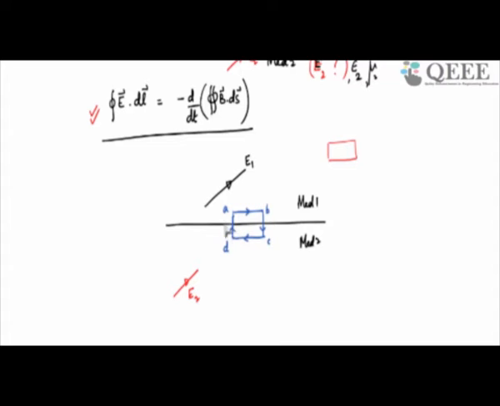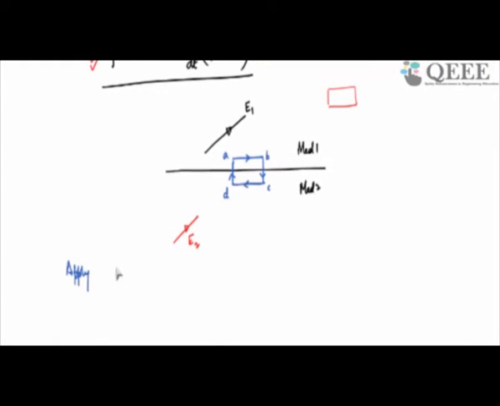This is the direction of the loop integral. So, I am going to apply Faraday's law onto this loop A, B, C, D, A, in that direction.